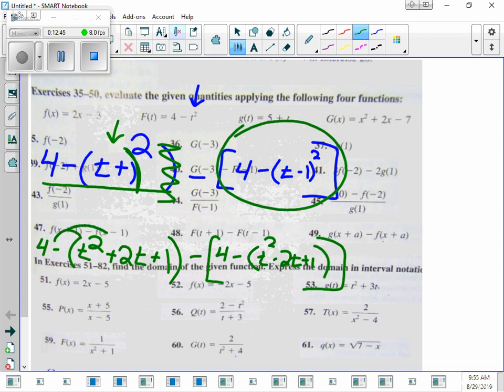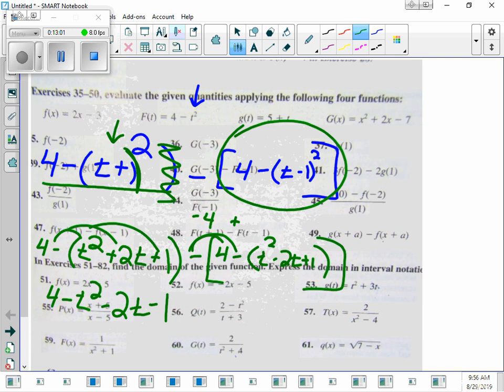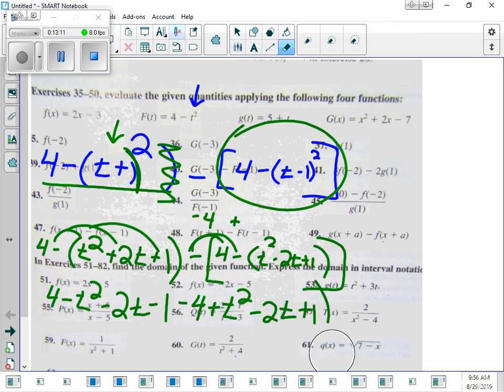So distribute, distribute, distribute. And I'm going to distribute this to get negative 4 and distribute that to get plus. So on the left side, 4 minus t squared minus 2t minus 1 minus 4 plus t squared minus 2t plus 1. Oh, I don't need any brackets anymore.